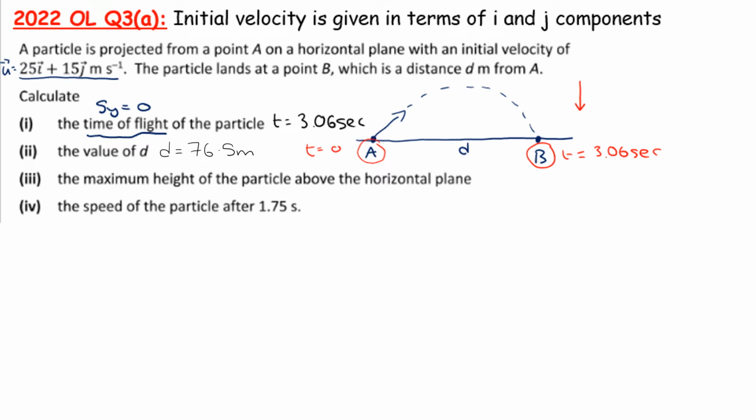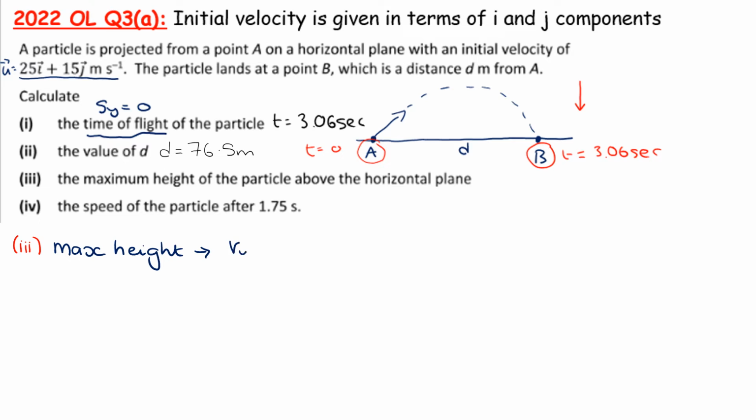So part 3 asks us for the maximum height of the particle above the horizontal plane. Now, when we talk about the maximum height, we need to understand when that happens. So the max height happens when it stops ever so slightly, but only in the y direction.